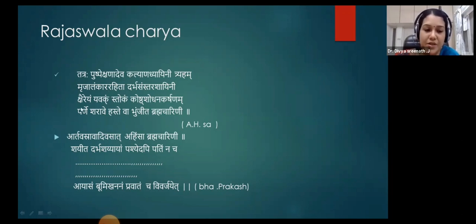And she should eat with Parne Sharave Haste Va Bunjida. That is also mentioned. I don't know the logic. Then she should observe celibacy, brahmachari. That is, during menstruation, coitus is contraindicated.